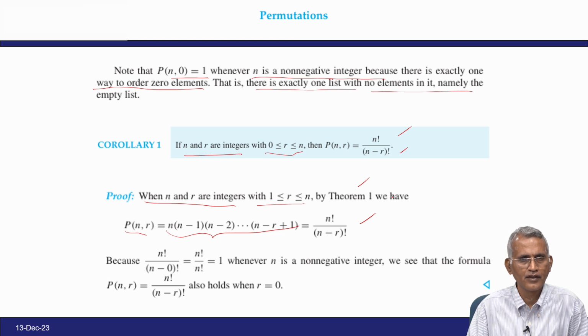Because n factorial divided by (n minus 0) factorial is n factorial divided by n factorial, which is equal to 1. So, wherever n is a non-negative integer, the formula says nPr equals n factorial divided by (n minus r) factorial. Also, it holds when r equals 0.